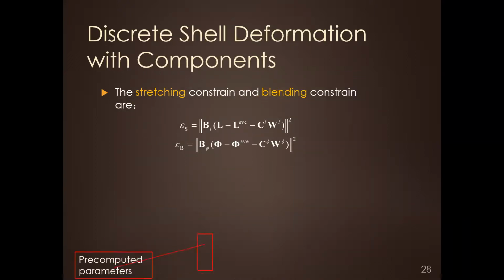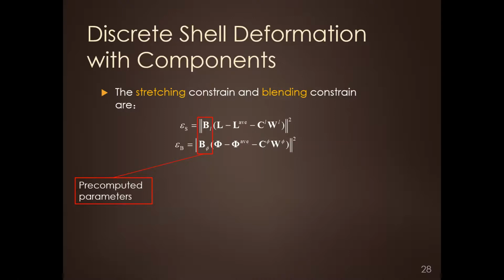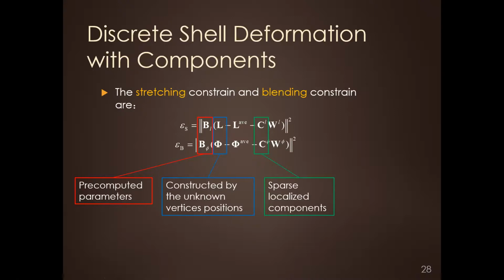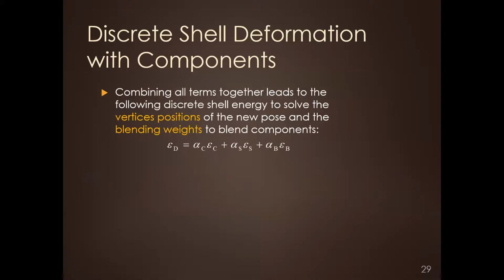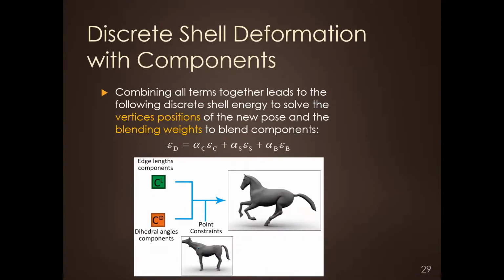And involving two pre-computed parameters, BL and Bφ, the stretching constraint and the blending constraint are shown as below. And it tries to make consistency between the lengths and angles constructed by the unknown vertex positions and the lengths and angles computed by blending the components. And combining all terms together, leading to the following discrete shell energy to solve the vertex positions of the new poses and the blending weights to blend components.